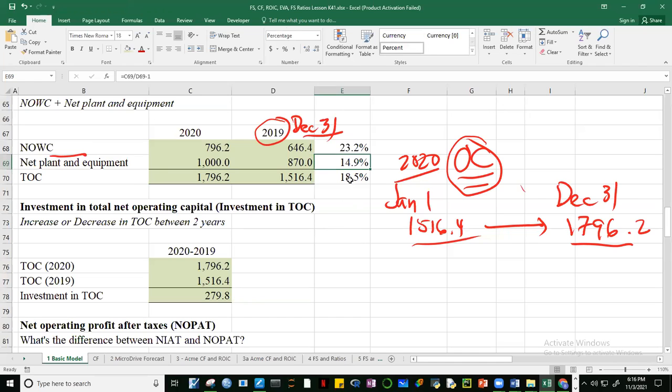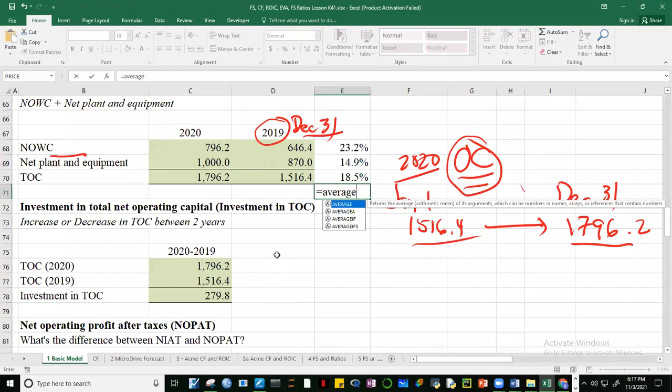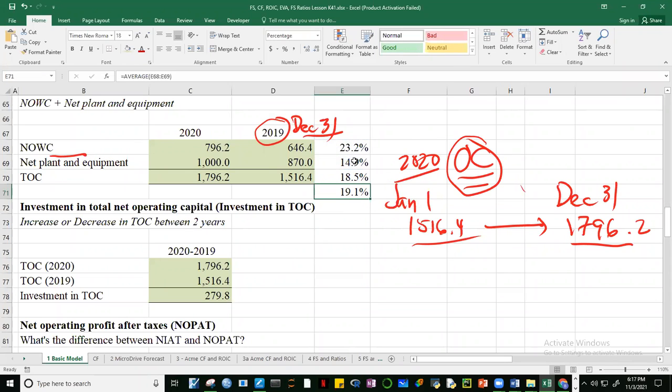Take note that this is not additive. It's not even an average, since we're just looking at the individual amounts here.